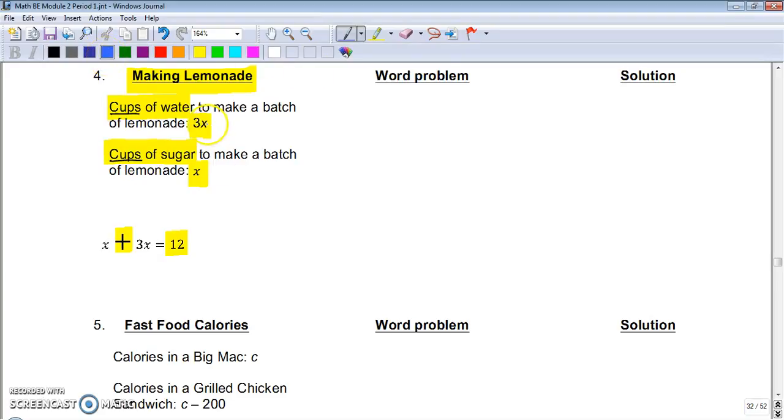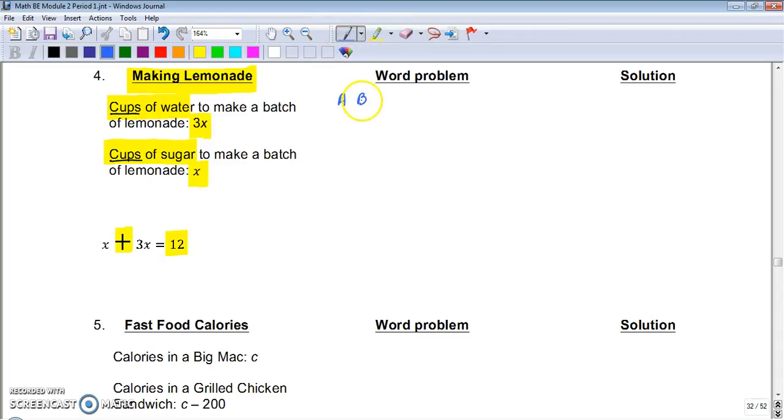The relationship between 3x and x, let's say x were 2, then 3 times 2, this would be 6. So this is not addition where that was the case on the previous problem. This involves 3 times more water. So let's erase these values and write our word problem.